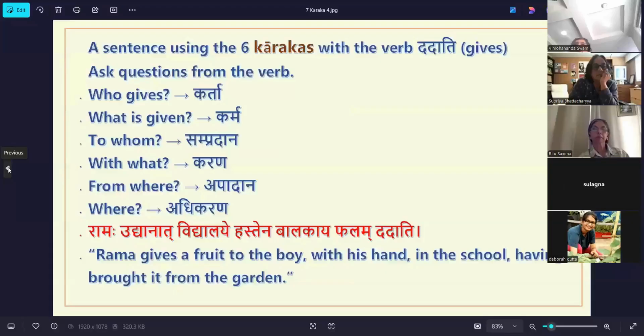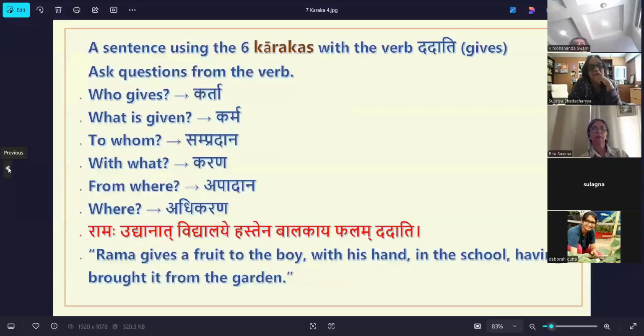So, phalam. The problem with phalam is that Prathama is also phalam, second is also phalam. But by the context you have to know. Because now see, phal cannot give Rama away. So here we have to apply the context. Rama can give a phal away. So this will be phalam dadati. Now, with what is he giving?